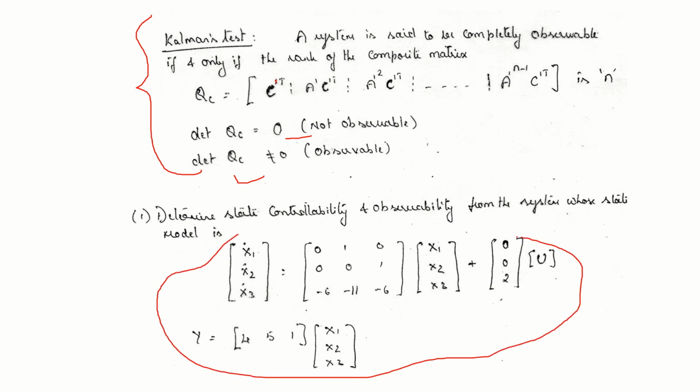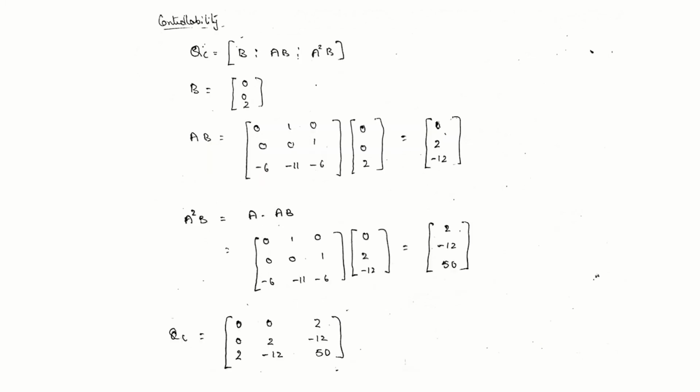So I'll give this example now. Let us check whether it is controllable and observable. So you have to form the composite matrix B, AB, A squared B. You know matrix B is 0, 0, 2. AB, A matrix is there, B matrix multiply, you will get this. A squared B means A into AB. So AB already available, multiply, you will get this.